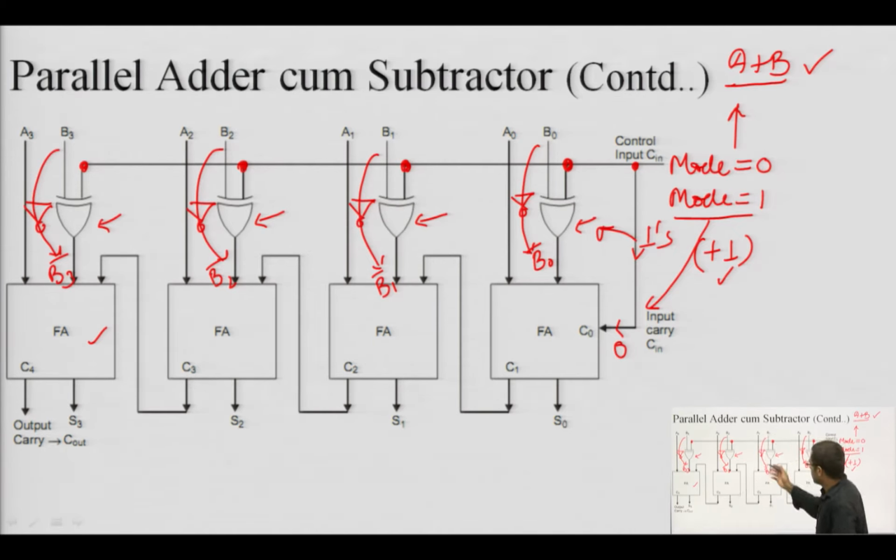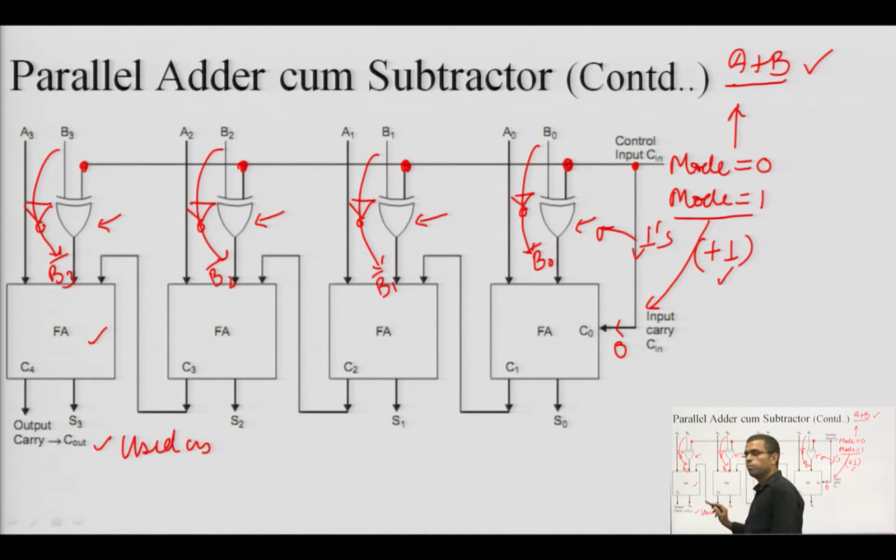So, in that case we can see that A plus 2's complement of B is being computed by the circuit, and the final stage carry, this C out, if we are performing addition, will be used as part of the sum, when mode is equal to 0.